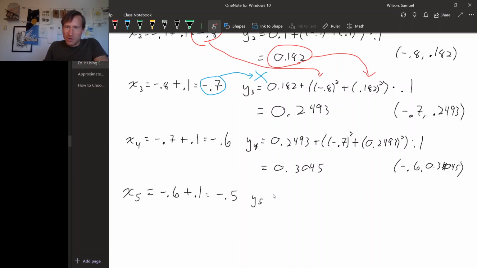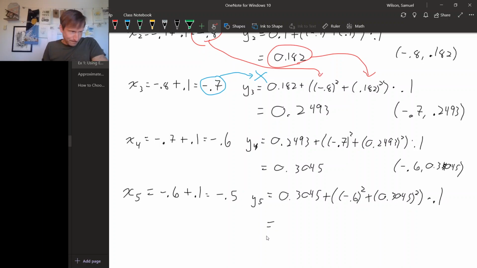And then our last y value is 0.3045 plus, then evaluate our function. So negative 0.6 squared plus 0.3045 squared, all times 0.1. And this gives us 0.3498 when we round that. So our last point is minus 0.5, comma 0.3498.